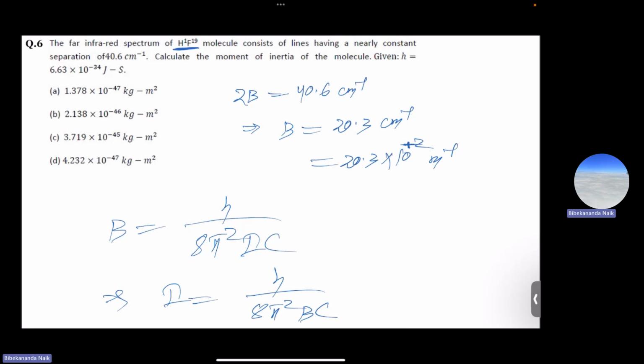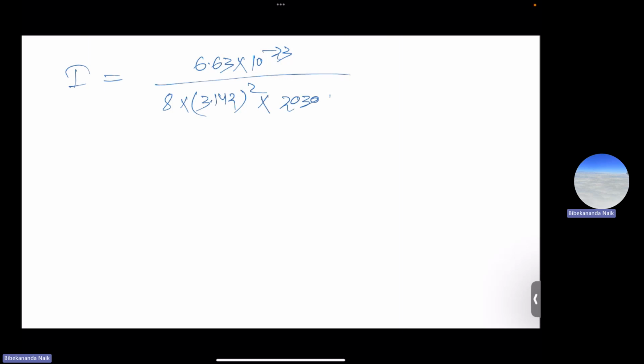It is 2030 into 3 into 10 to the power 8. So if you calculate, it will be 1.378 into 10 to the power minus 47 kg meter square.